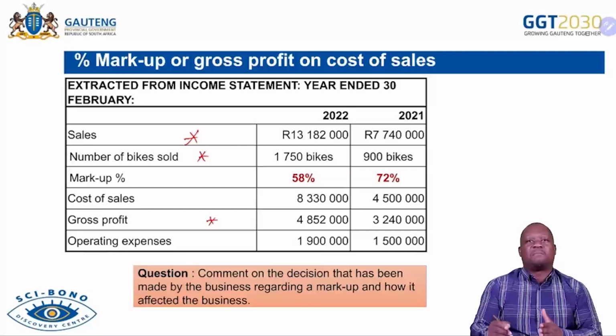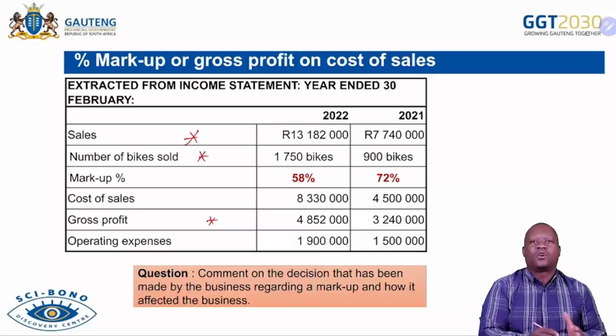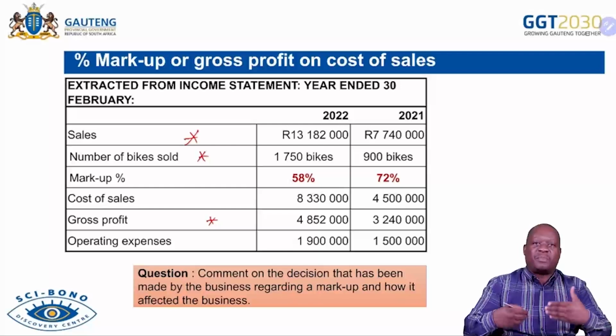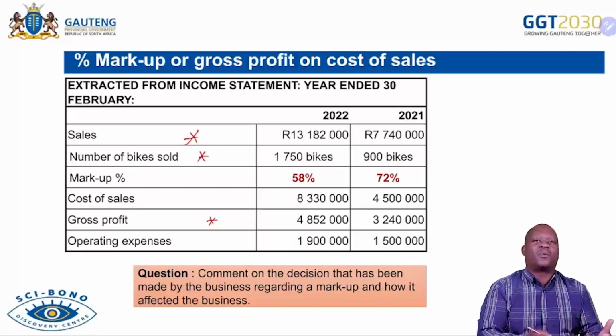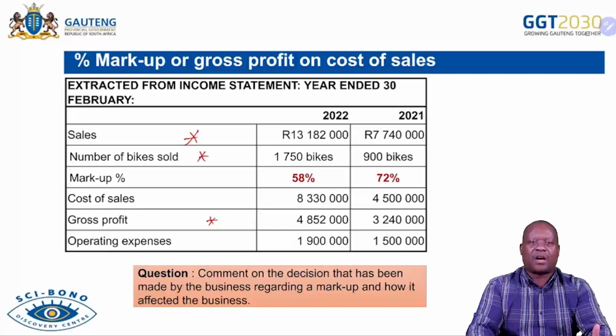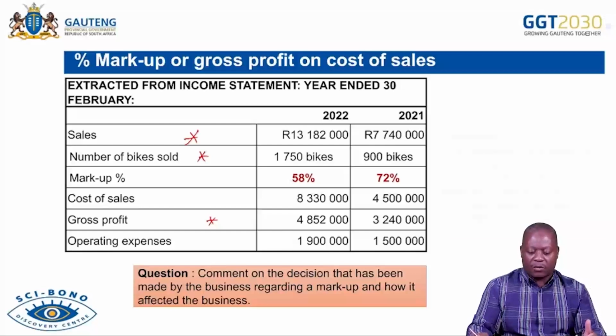The business made a decision to reduce markup. Comment on whether this decision has benefited the business or made the business far worse. I think, guys, you can see for yourself. The figures in front of you are saying it all.